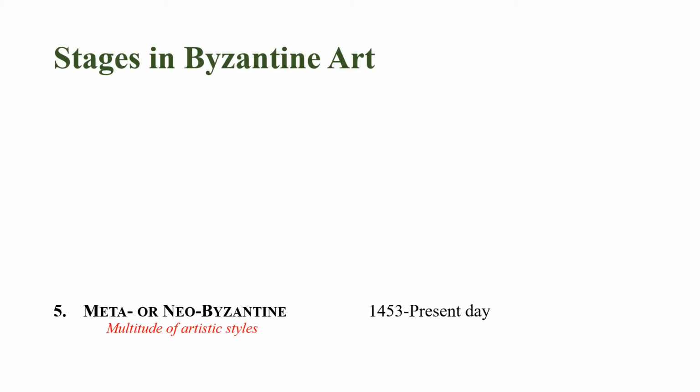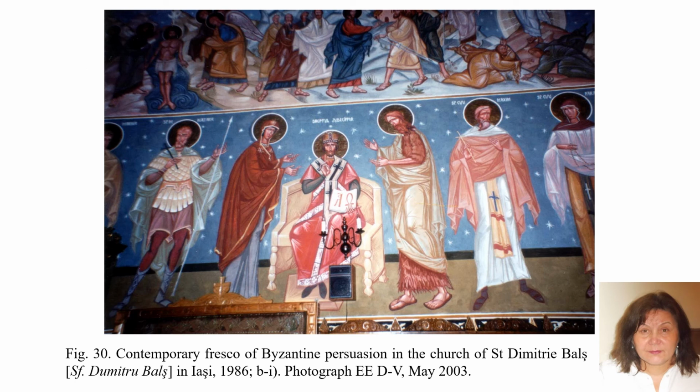Now I'll show some images from the 5th stage, which I call Neo-Byzantine, and churches call Meta-Byzantine. So we can see that the figures follow the Byzantine forms, and certainly somebody neutral, but with some information about Byzantine art, will recognize it as being in that Byzantine tradition.